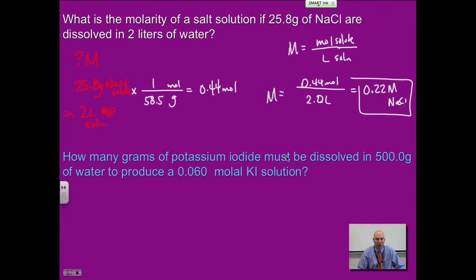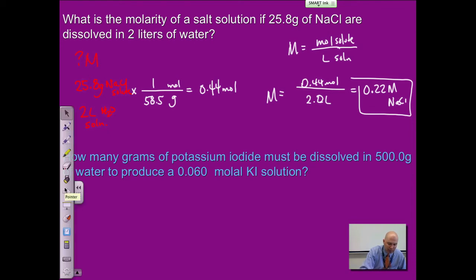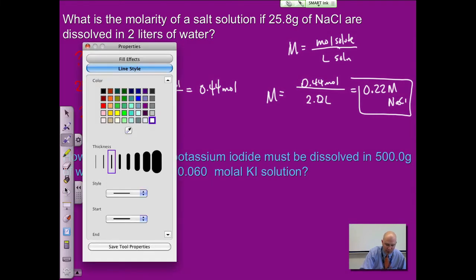I could also solve for grams of solution, and this is going to be a molal one. Let me grab a couple of different colors here. Let's do some green.